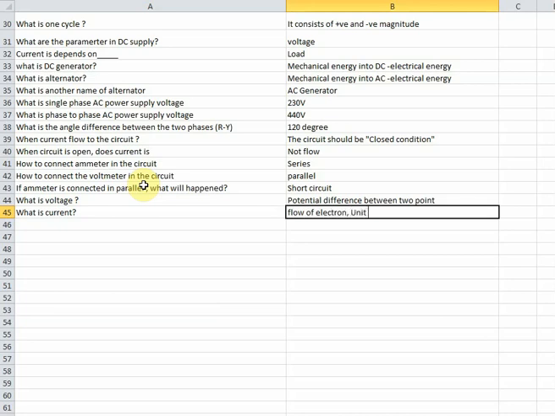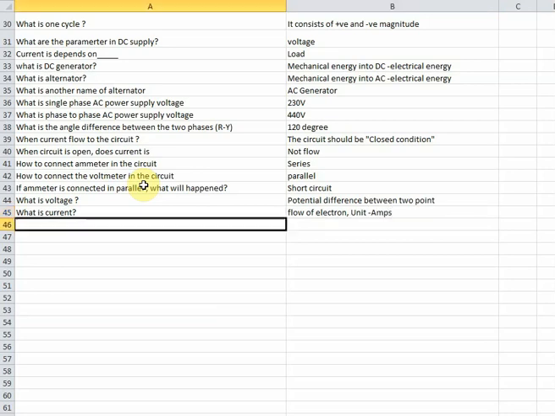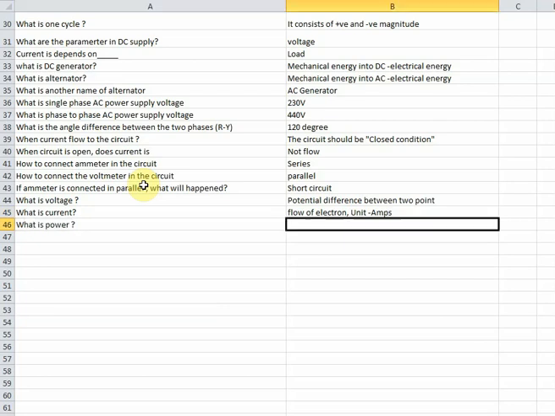The unit is amps. What is power? Work done upon time, or you can say energy divided by time.